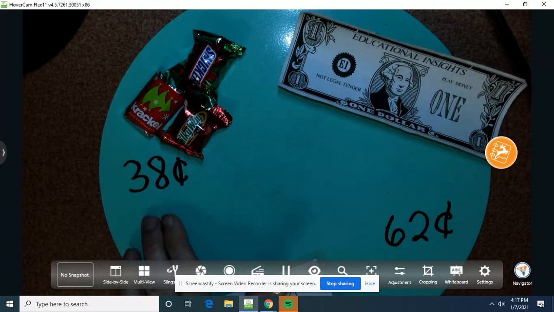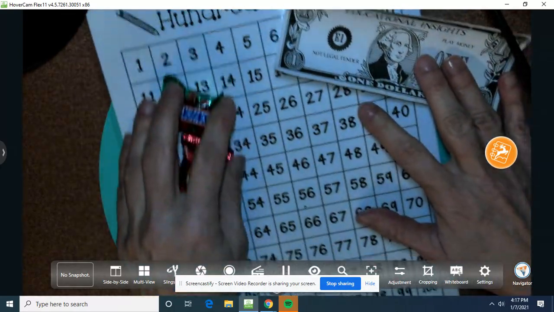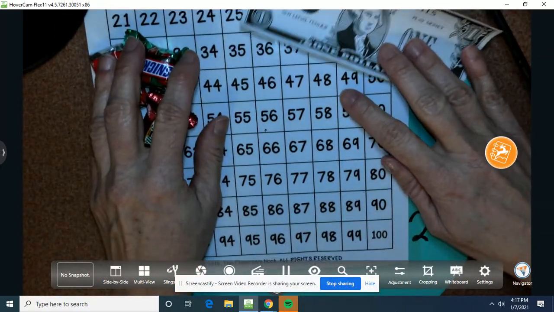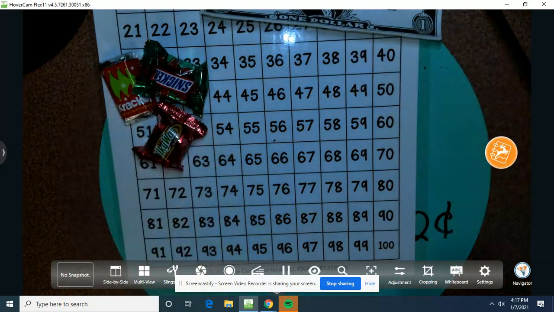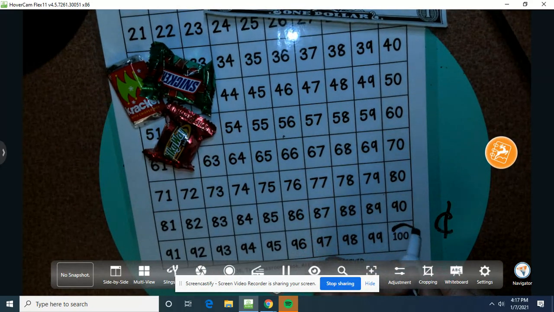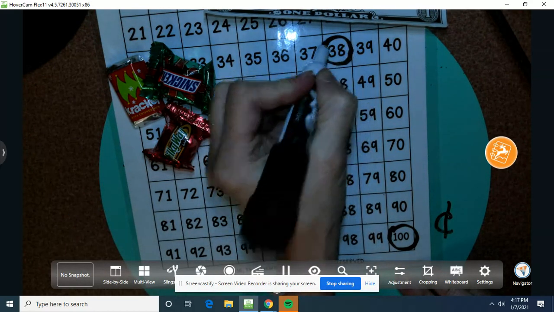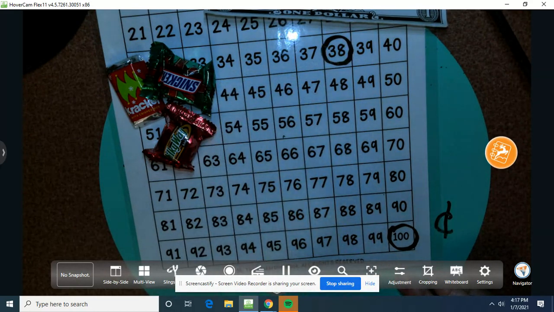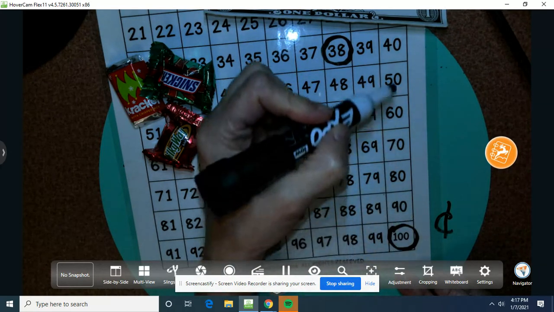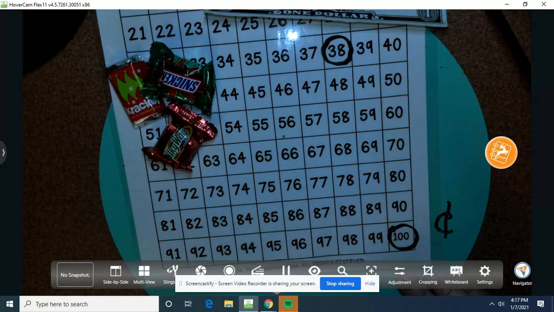So if Mrs. Riddle wants to buy this candy for 38 cents, and she has $1 in her pocket, I can use my 100 chart. Let me show you. So she has $1 in her pocket, right? 100 cents. And she wants to buy this candy for 38 cents. So I can use my 100 chart and I can count backwards to get to 38 to find out how much money she has left.